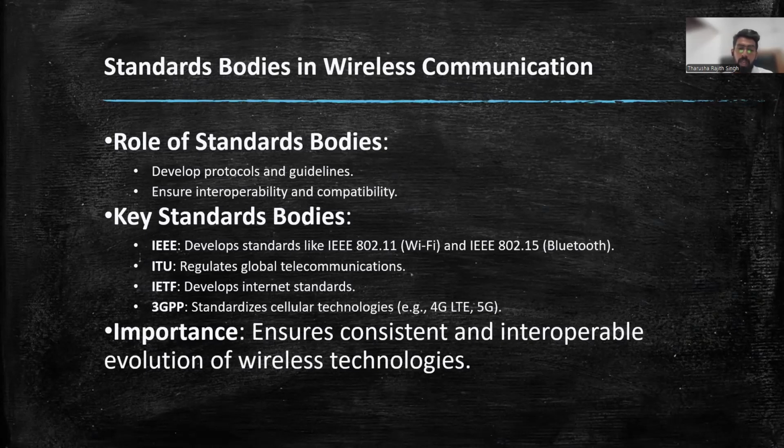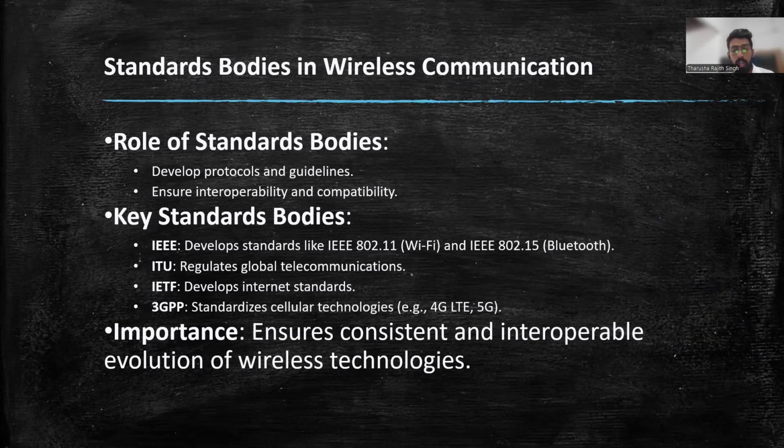So, the role of standards bodies: they establish protocols and guidelines that ensure interoperability and compatibility between different devices and systems. Without these standards, devices from different manufacturers might not be able to communicate effectively.